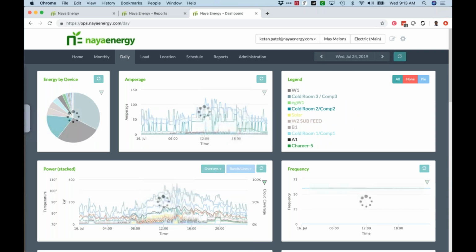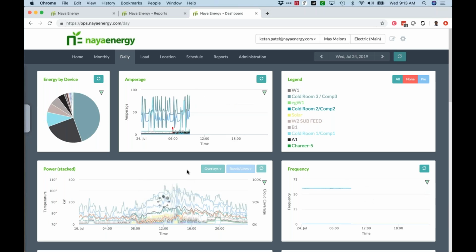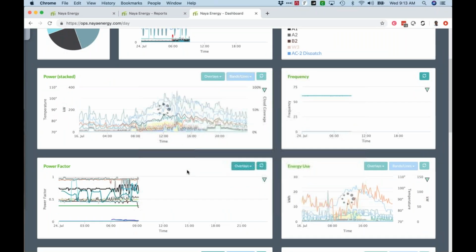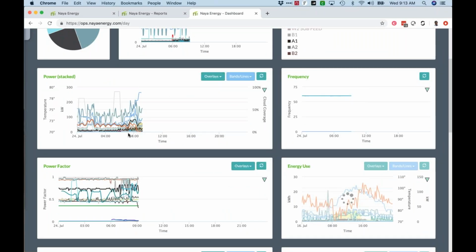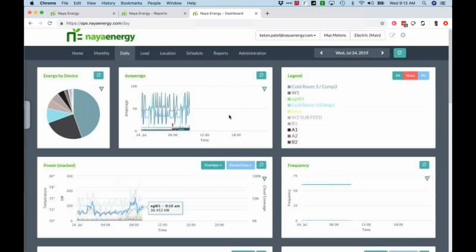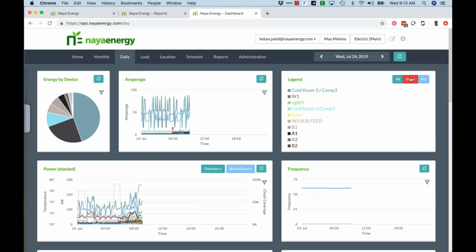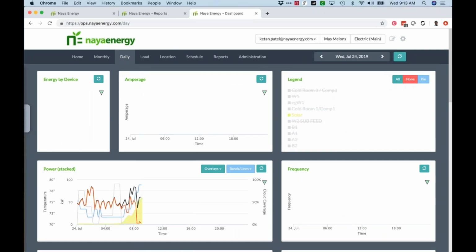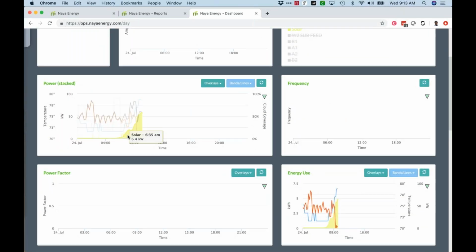So if I go to today on Moss Melons, we can see here's their real-time energy use, and the black and orange line are their demands. If I turn off the loads and just show solar, you can see the solar generation in the background.